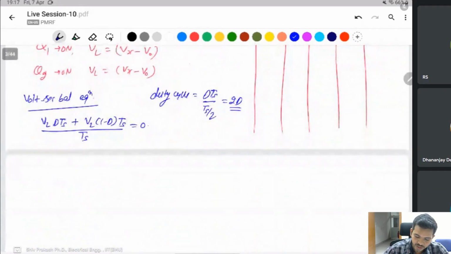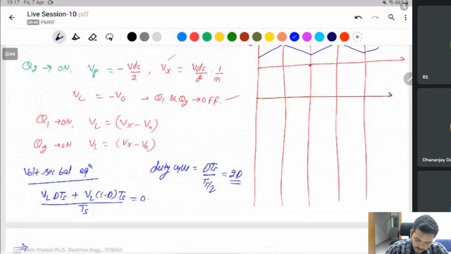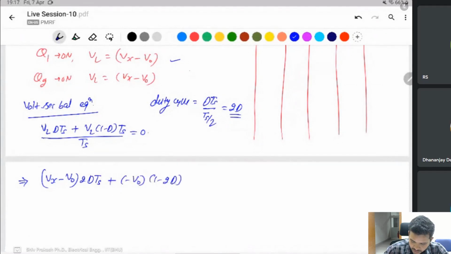That's why I wrote 2d Ts. VL when the switch is on is Vx minus V naught, times 2d Ts, plus minus V naught times 1 minus 2d.